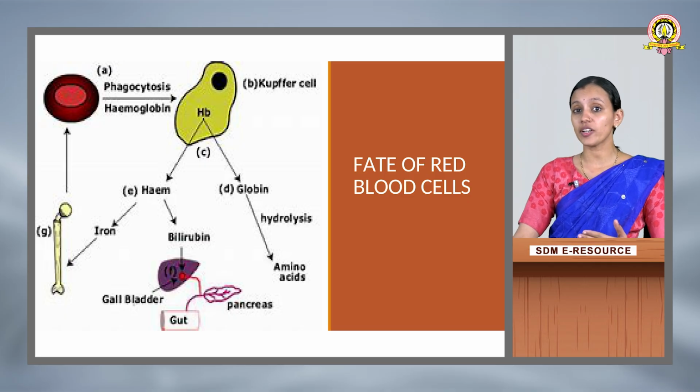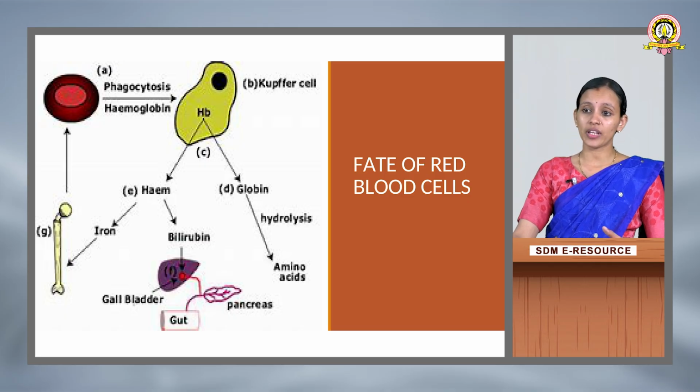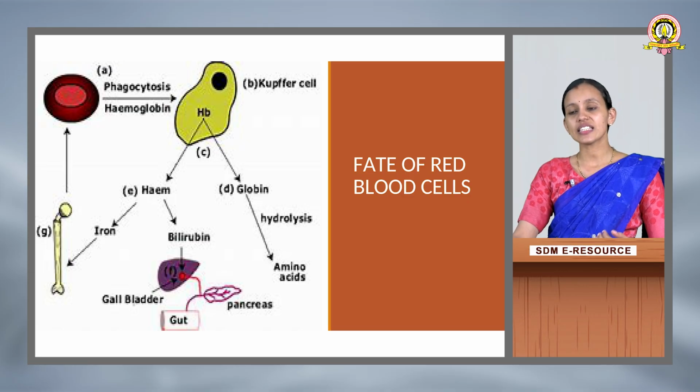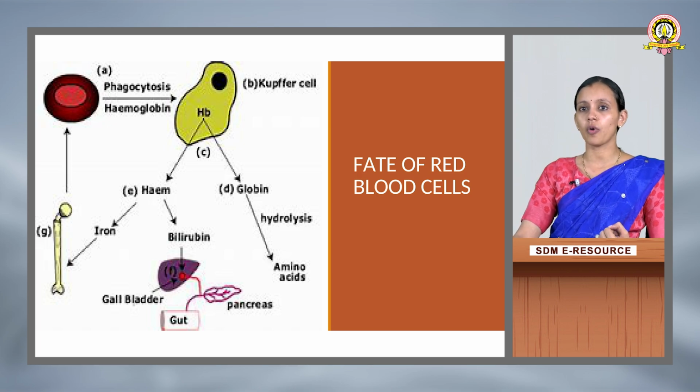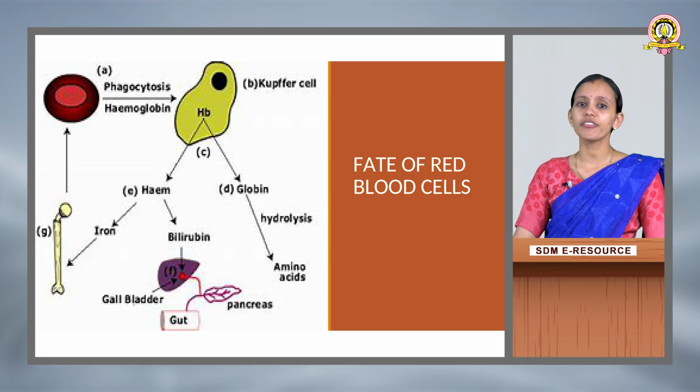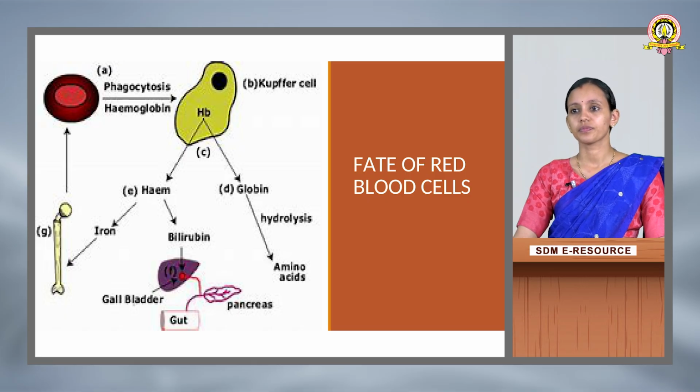Then there is the globin component. Globin upon hydrolysis forms amino acids, and these amino acids are reused later for the synthesis of proteins in the body. So this is the full story of the fate of red blood cells.